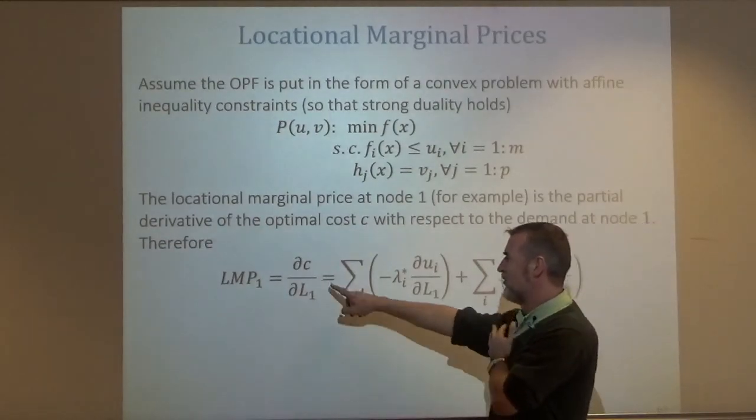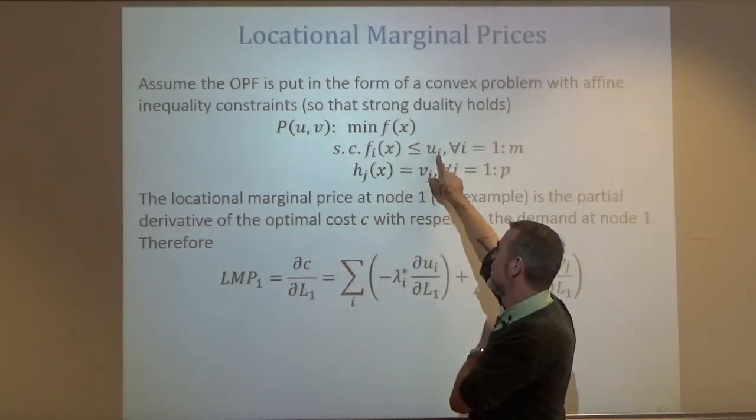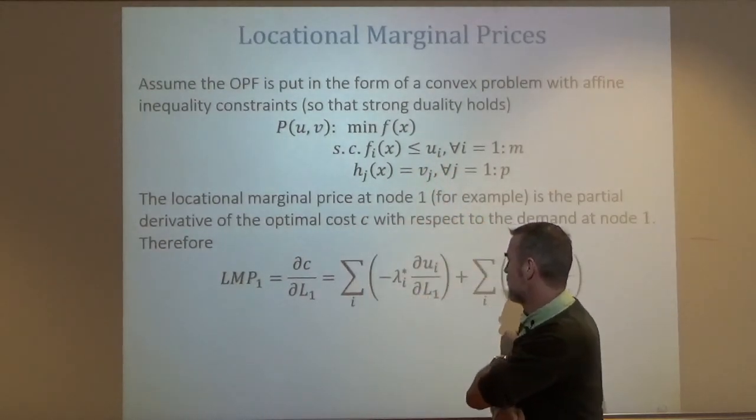Then we know that the derivative of the cost with respect to each of the constraints, ui and vi, is given by the Lagrange multiplier.